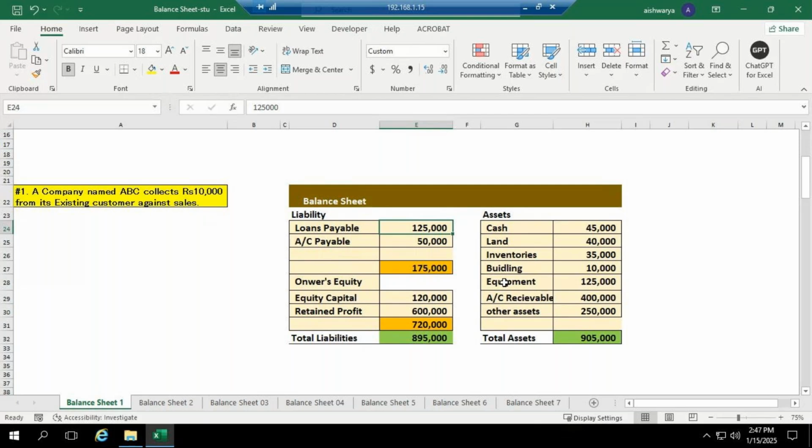No, wait. Here sales, no, so we have sold this. So in this inventory we have to minus this. Okay.